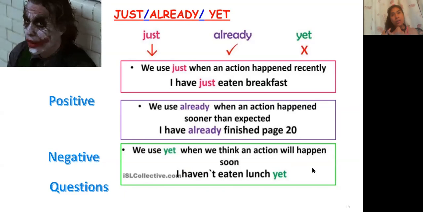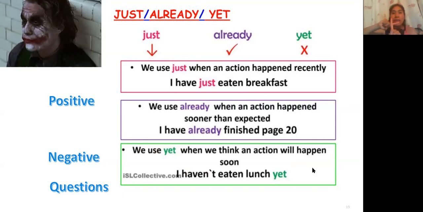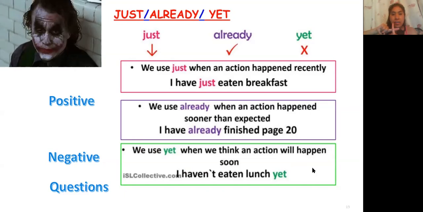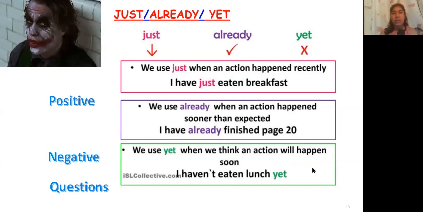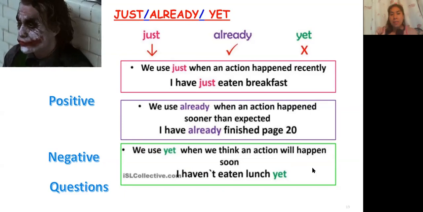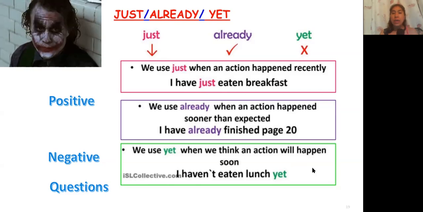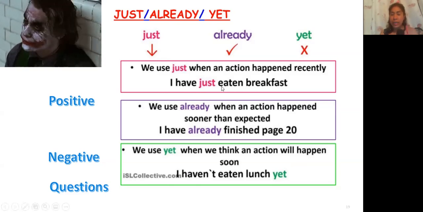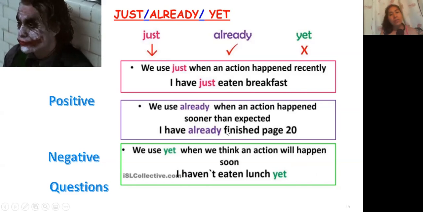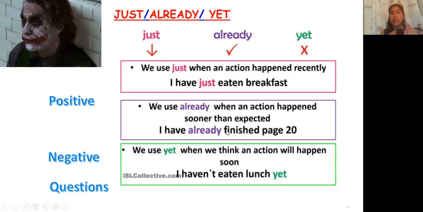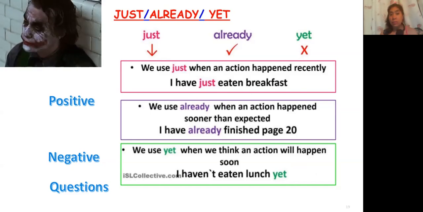Careful, just and already we use for positive sentences and before the main verb. Look, we have just before eaten. We have already before finished. So just and already go before the main verb.